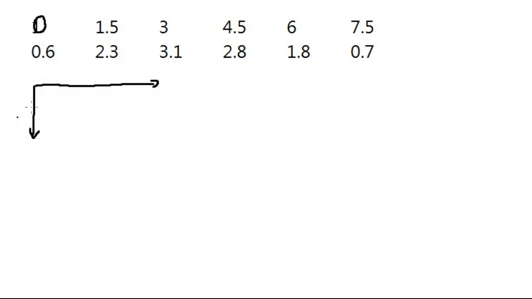So the first number is 0.6, it's about here, 2.3, it's roughly here, then it's roughly here, 2.8 is higher than that, and 1.8 is lower than the second one, and finally 0.7 is a bit higher than the first one. So this is the sketch I'm looking for. It's supposed to be straight lines, by the way. Actually, omit this line. This is a terrible idea.